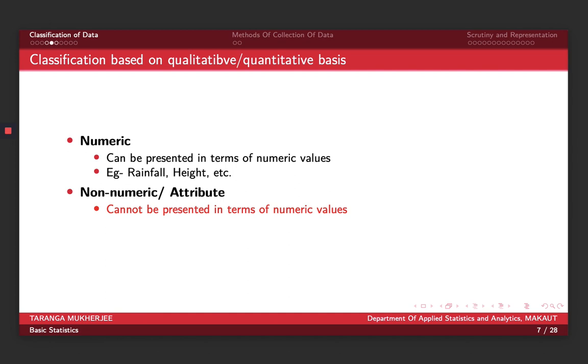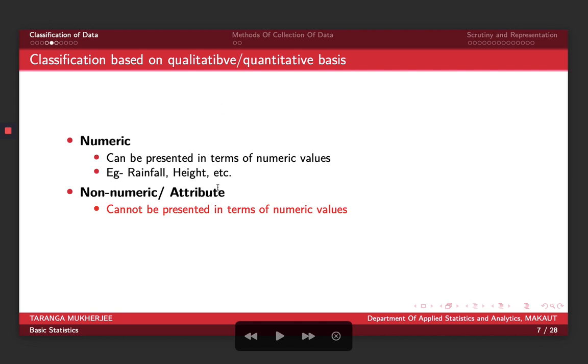Numeric data means the data which can be presented using some number, as simple as that, like height, rainfall, weight, etc. And non-numeric data means the data which is definitely information, but it's not a number, like blood group, for example. Okay, gender, religion, race, caste.